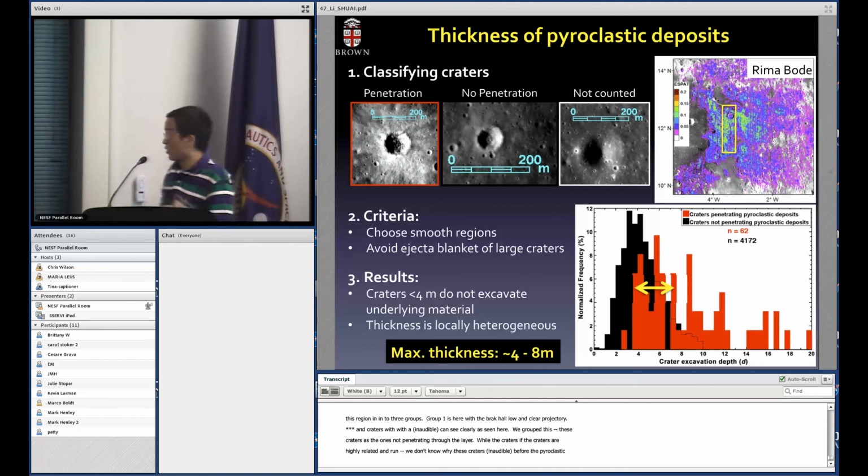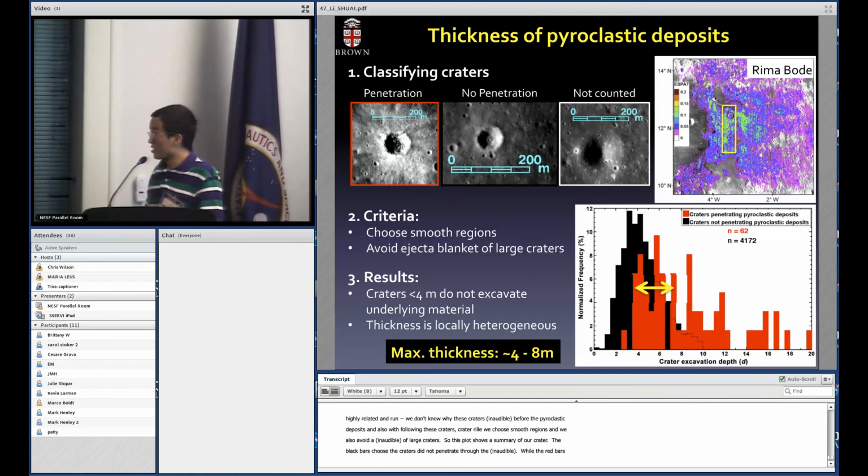So this plot shows the summary of our crater counting. The black bars show the craters that did not penetrate through the deposits, while the red bars show craters that penetrate through the deposits. This is the frequency, the population distribution, and this is the crater excavation depth.